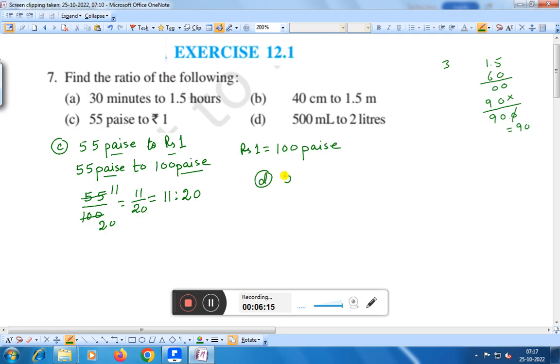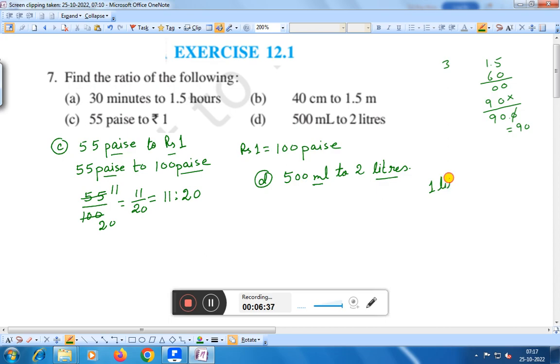Now question number D. Question number D is 500 ml to 2 liters. Here you see this is milliliter and this is liter. That means the units are different. You cannot find the ratio. You have to change the liters into milliliters.